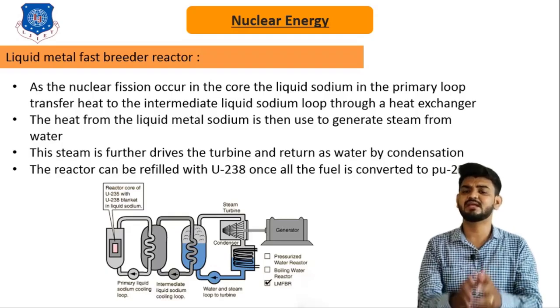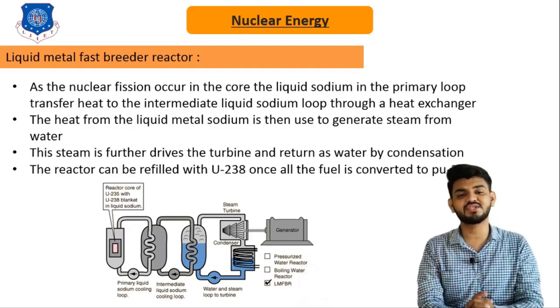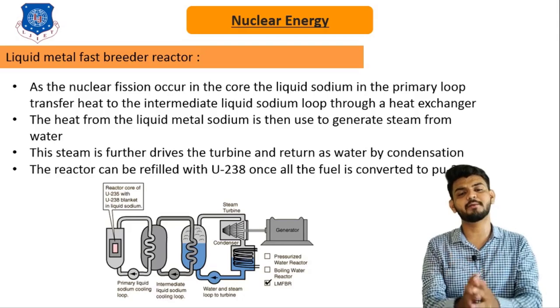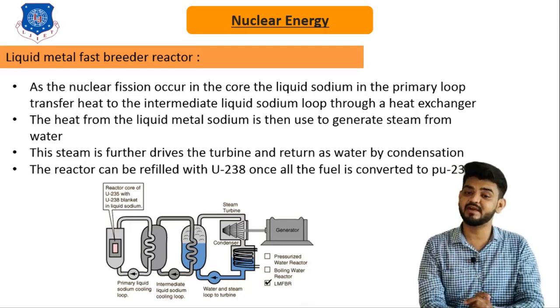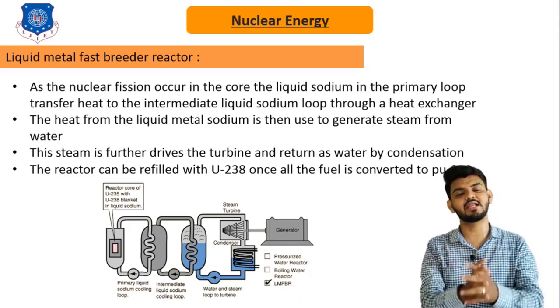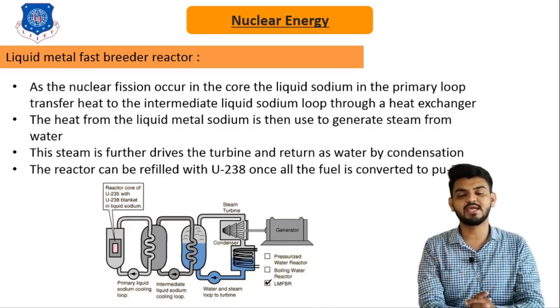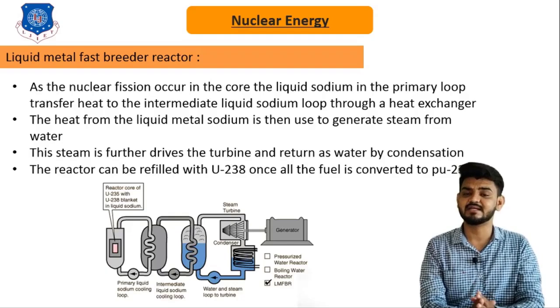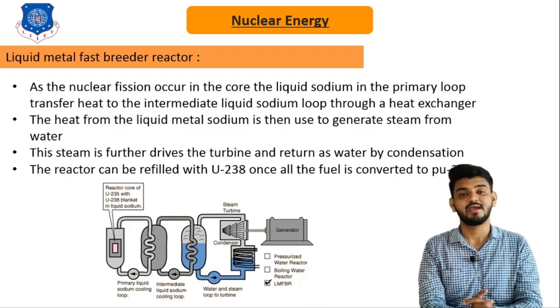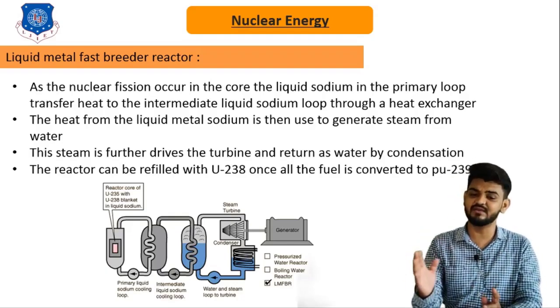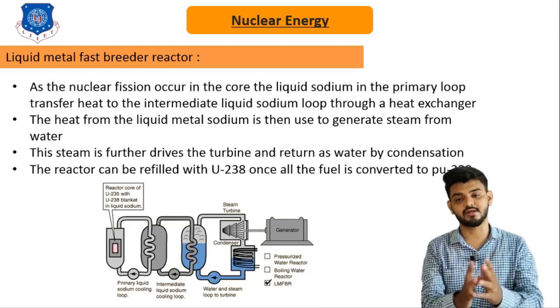As the fission reaction occurs in the core, the liquid sodium in the primary loop transfers heat to the intermediate liquid sodium loop through the heat exchanger. Here in the image you can see that the heated liquid sodium transfers the heat to the secondary fluid, which contains water.